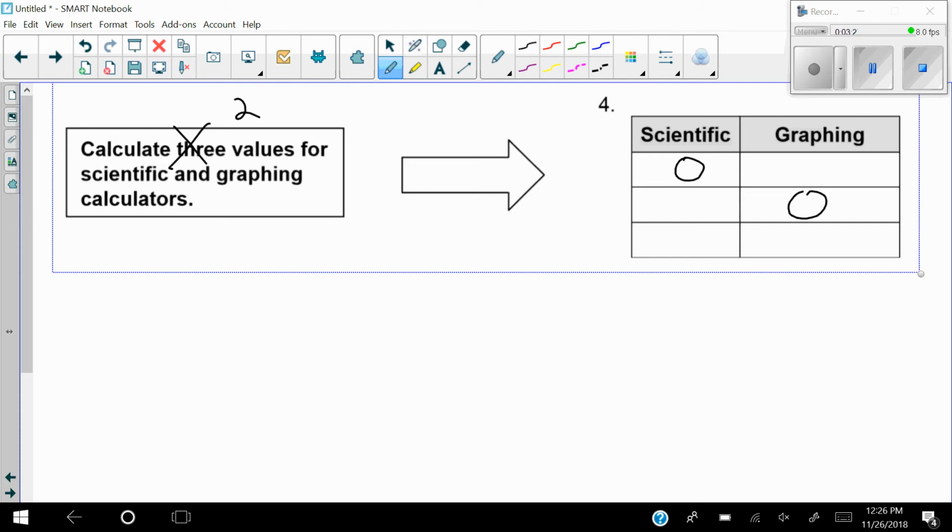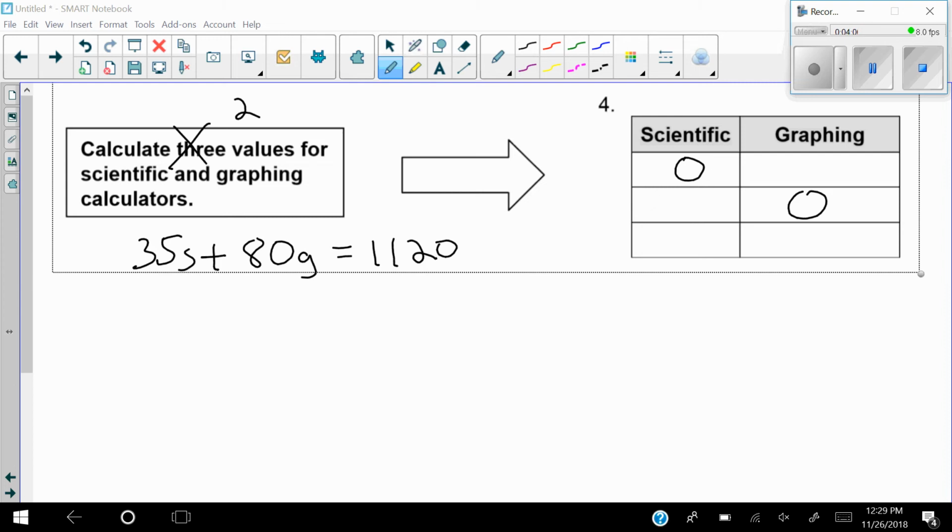So I'm going to go back and write my formula, which is 35S plus 80G is equal to 1,120. Now I'm going to plug in the 0 for each one. If I have 0 scientific calculators, what would I get?